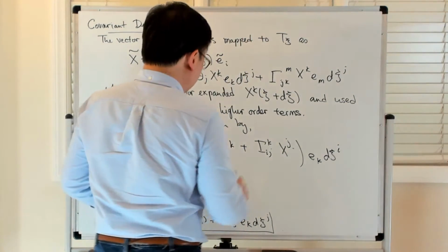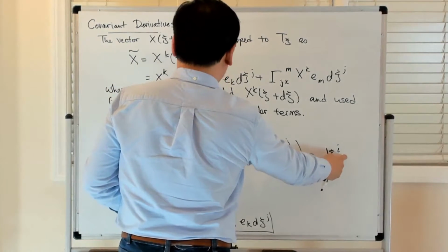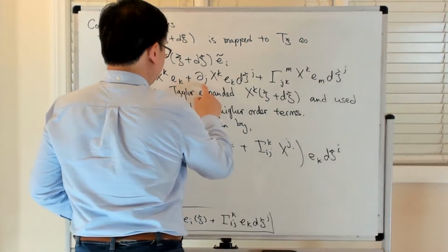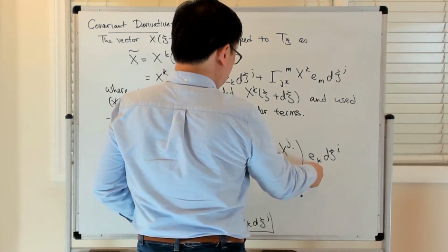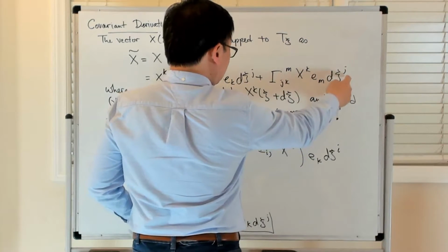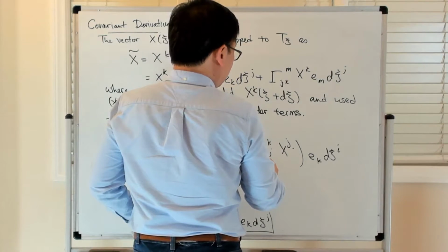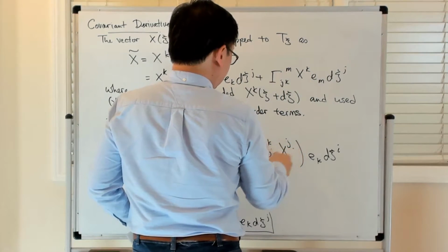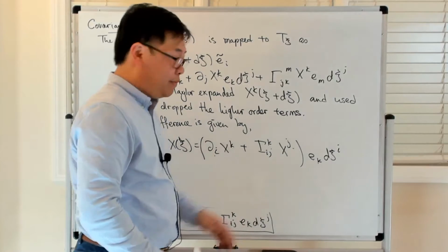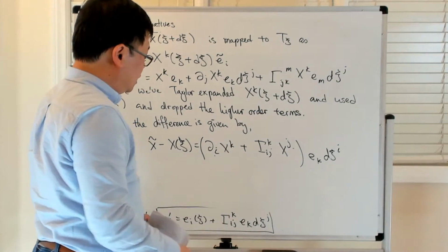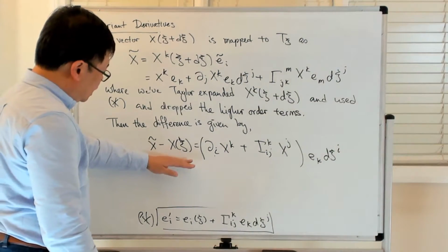I've done some reindexing of everything. So I'm writing this as e_k d_i x^k, because the j here gets replaced with an i. And here m gets replaced with k, so this m becomes a k. The j becomes an i. This j becomes an i. And then the k gets replaced with j. These are just dummy indices. You can rename them however you want as long as you map them in a one-to-one fashion. Anyhow, that's the difference.